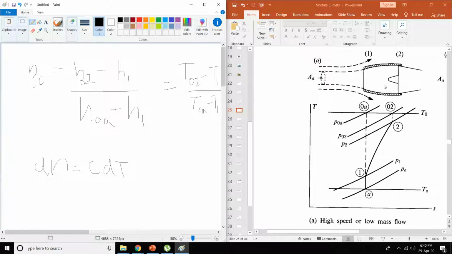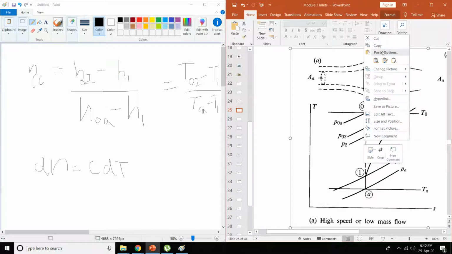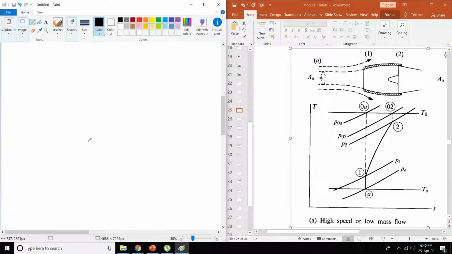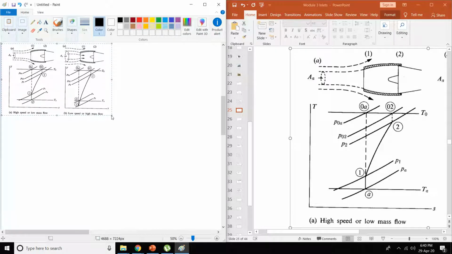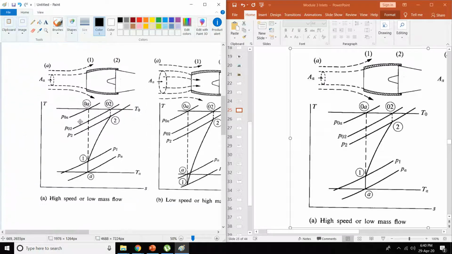Also, if you simply look at this, see the difference between this line and this line, and this line and this line.